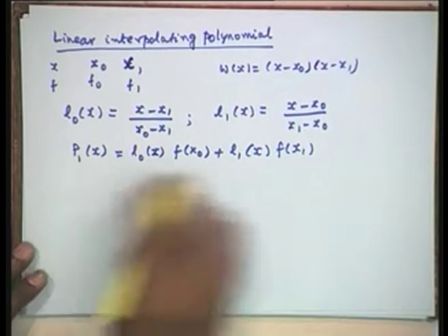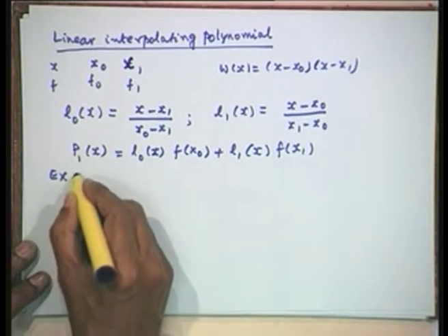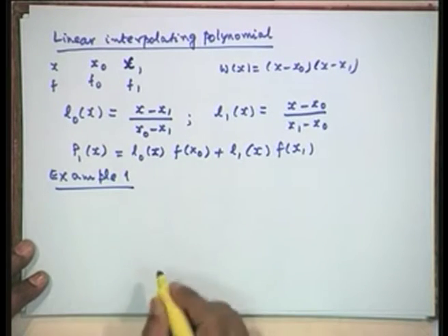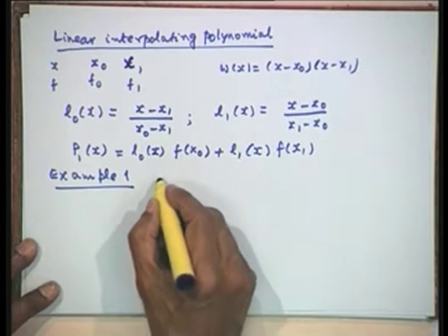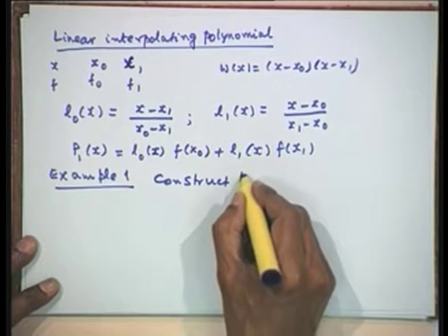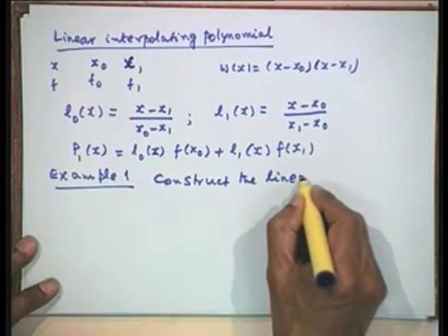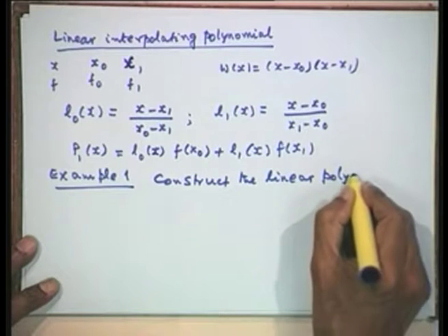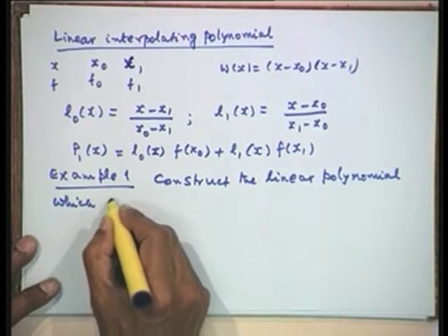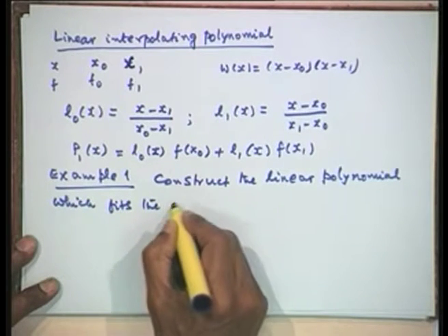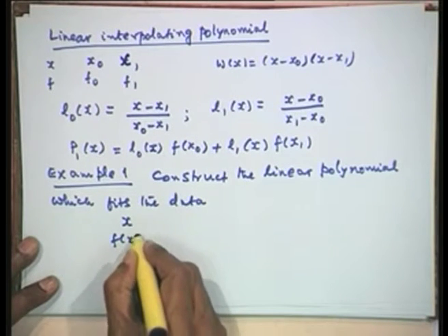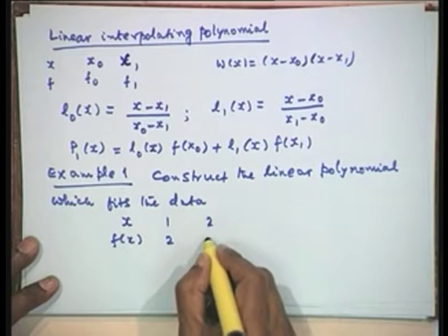Now, let us take a simple example along with this. Let us take this as an example. I will number it so that I can use it in the later steps. I will call it number 1. Construct the linear polynomial which fits the data x: 1, 2; f(x): 2, 5.